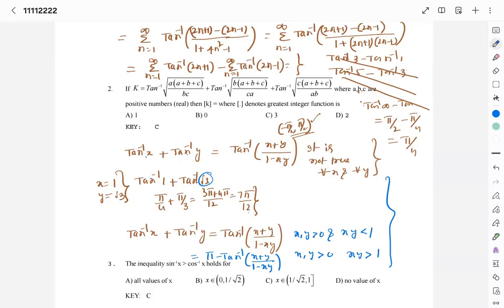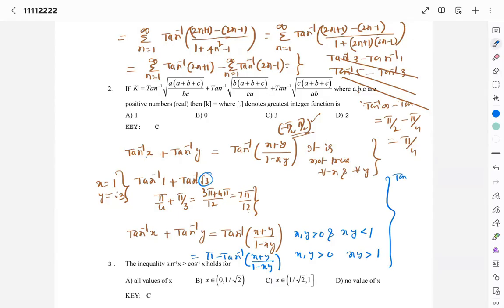So now let us look at that. Earlier case, you got 7 pi by 12. So if you write pi minus 7 pi by 12, you get 5 pi by 12. 5 into 15, 75 degrees. That is within the range.